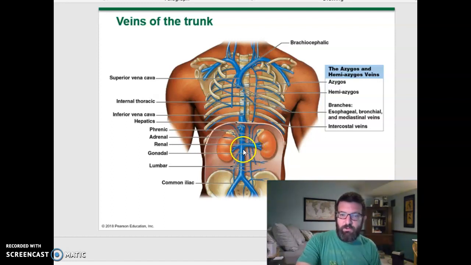So your gonadal veins will dump ultimately into the vena cava. Your renal veins will dump into the vena cava, which will take blood back up through your thoracic cavity and into the right atrium of your heart. You also have a superior vena cava up here, which you can see.